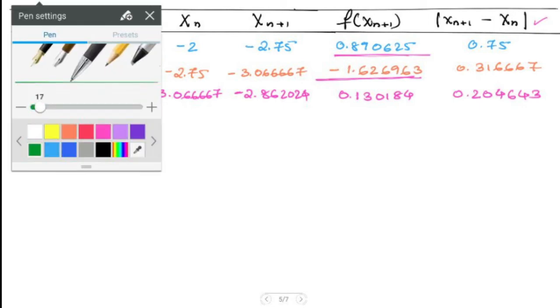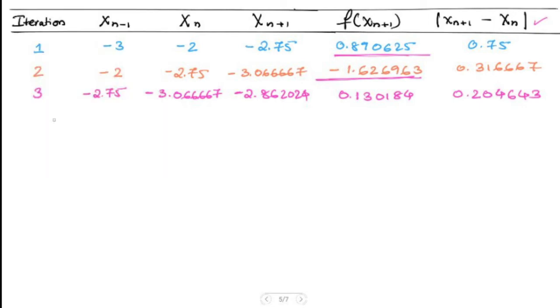So now here, the fourth iteration will have our xn minus 1 be the previous xn, which is minus 3.066667, and xn plus 1 will be our new xn, that's minus 2.862024.